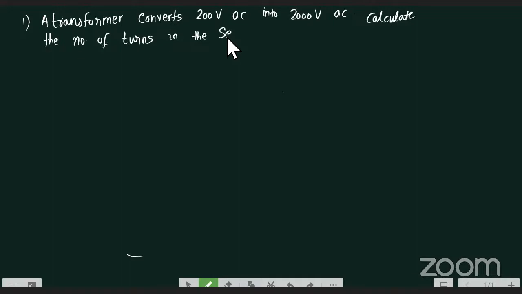Calculate the number of turns in the secondary if primary has 10 turns.